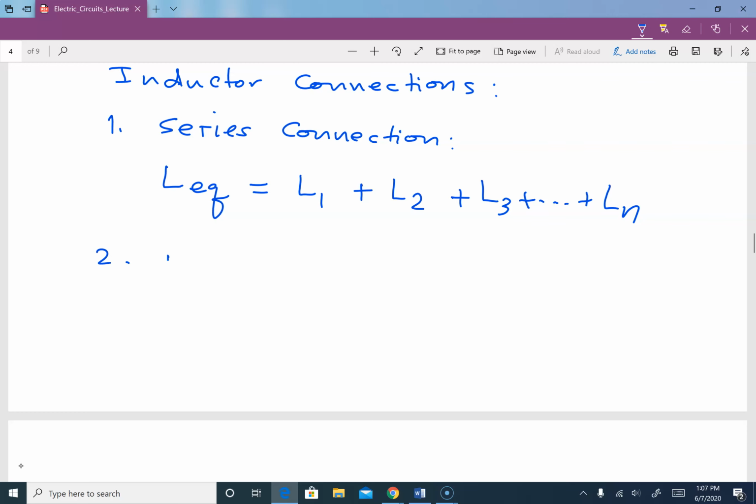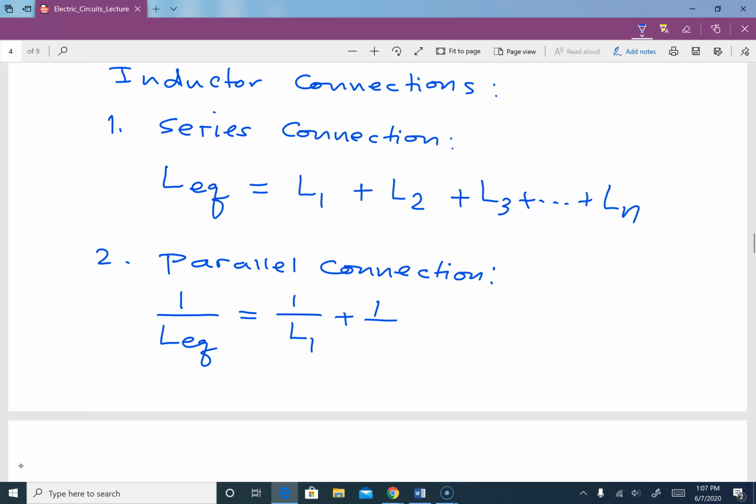For the parallel connection, again, it's exactly the same as our resistance connection. So 1 over L equivalent is equal to 1 over L1 plus 1 over L2 plus 1 over L3 plus 1 over Ln.